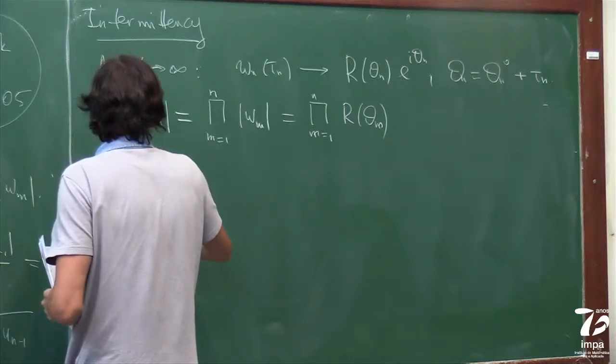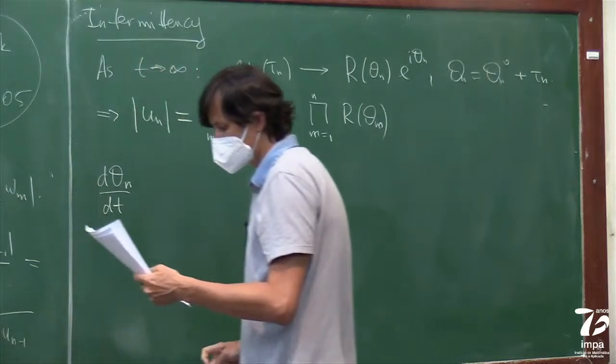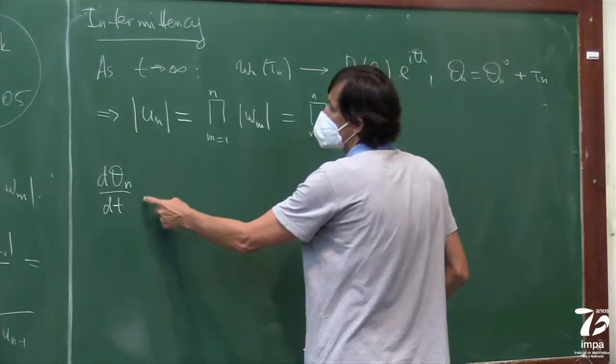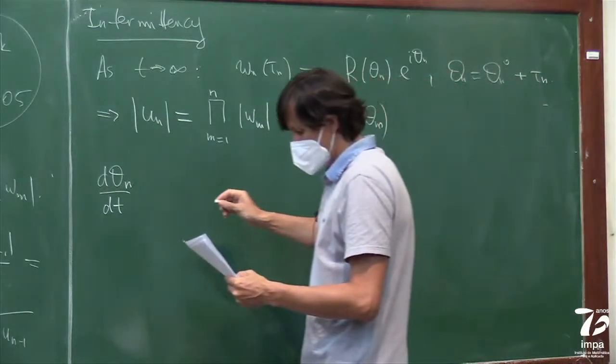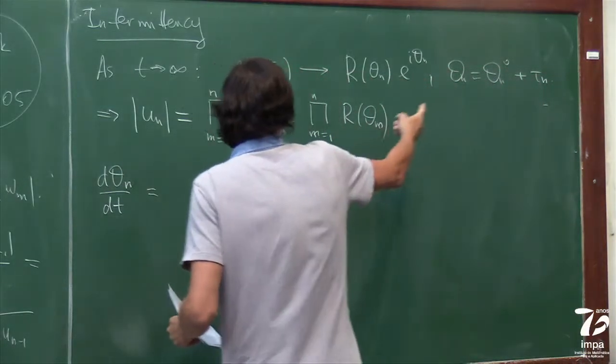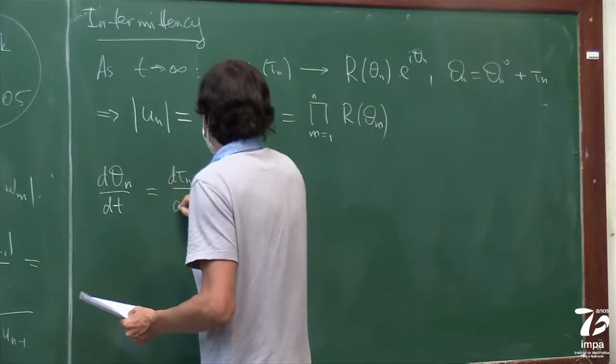And we will write the equation of motion for these phases. So d theta_n/dt. What is it? Just use this formula. Constants don't matter, so it's the same as d tau_n/dt.